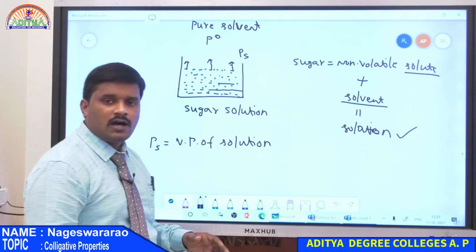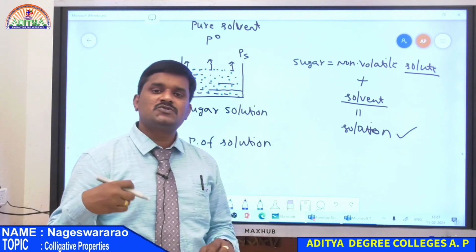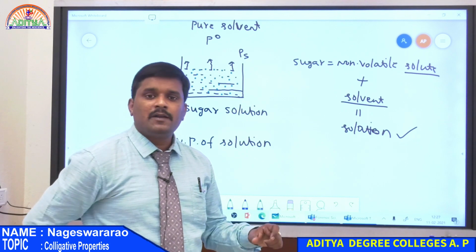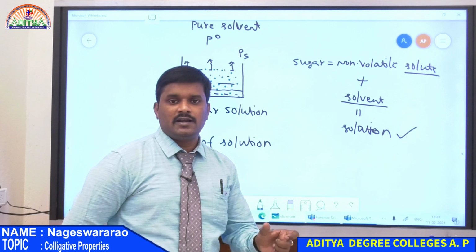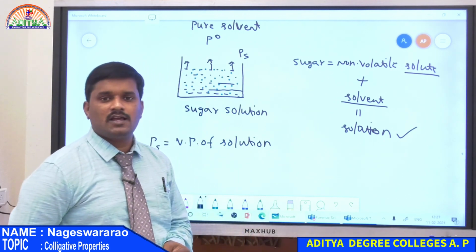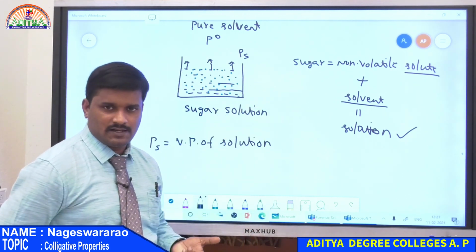Therefore, when a non-volatile solute is added to the pure solvent, the vapor pressure of the solution decreases. That decrease in vapor pressure is known as lowering of vapor pressure.